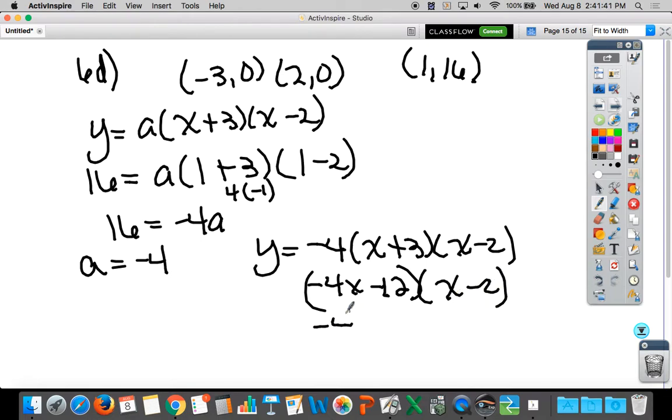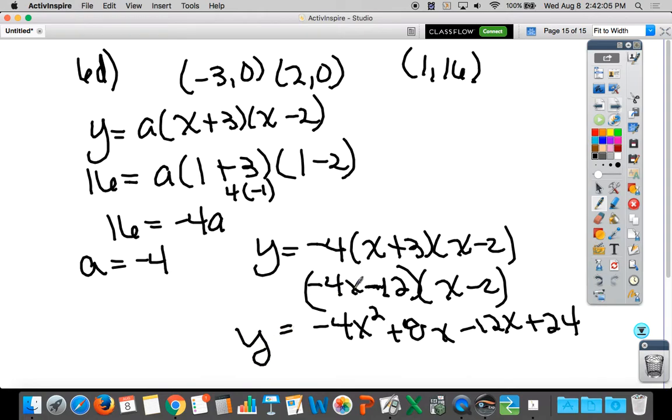Negative 4x minus 12. So that becomes negative 4x squared plus 8x minus 12x. That's right. And see, that's messing me up. That is a positive 24. Is that correct? Or did I do something wrong here?